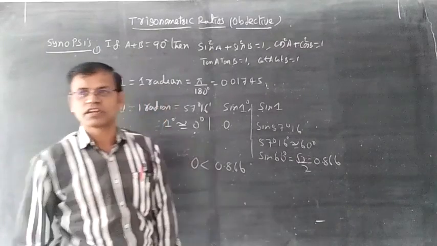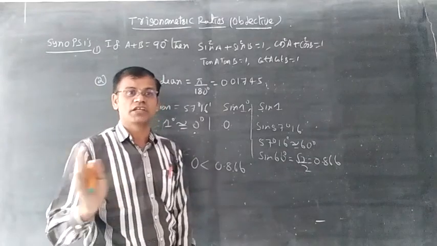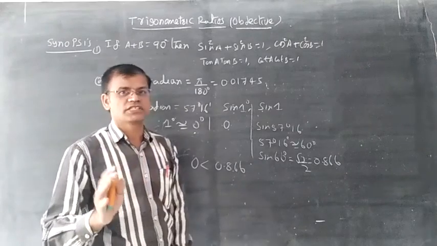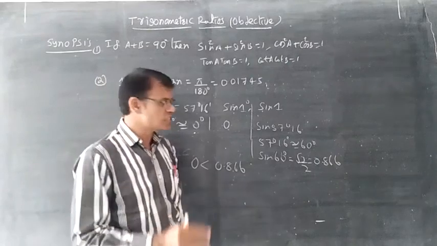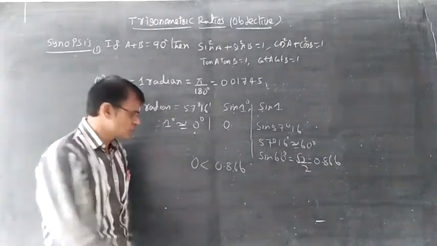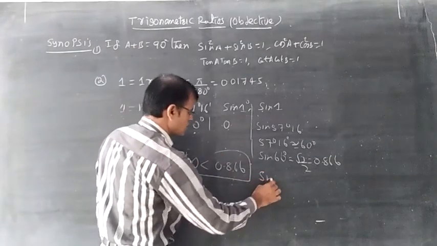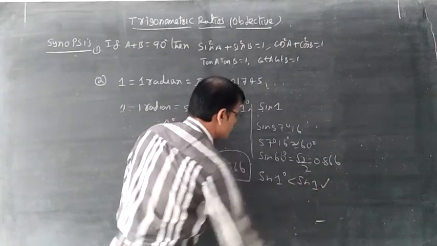We should not pronounce sine 90 or sine 180 alone. If we pronounce sine 90, it means sine 90 radians. Sine 60 is not correct, say sine 60 degrees. If you pronounce sine 60, it means sine 60 radians. So 0 is less than 0.866, then you can understand here sine 1 degree is less than sine 1.